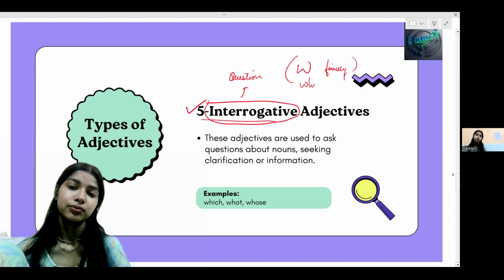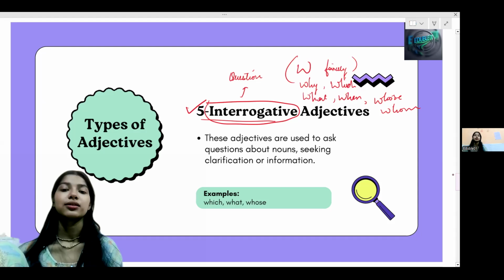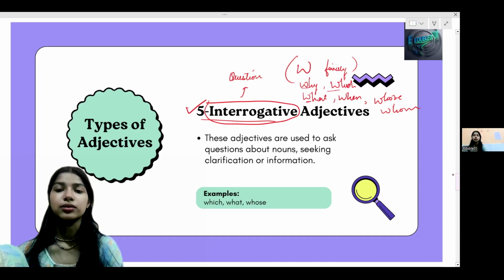Why? Which? What? When? Whom? Whose? These are the W family words that start with the letter W.